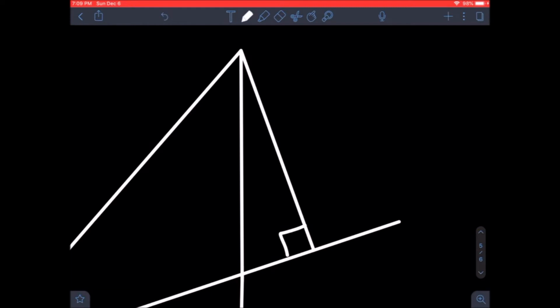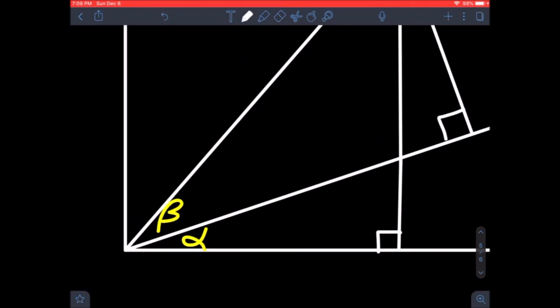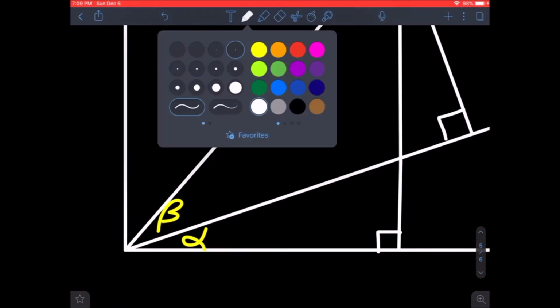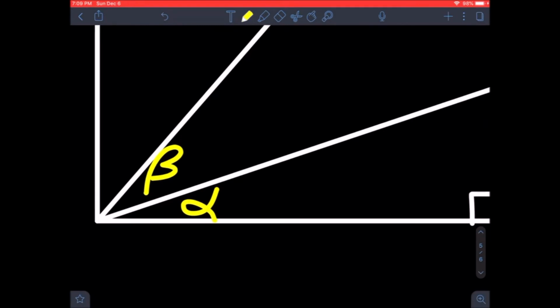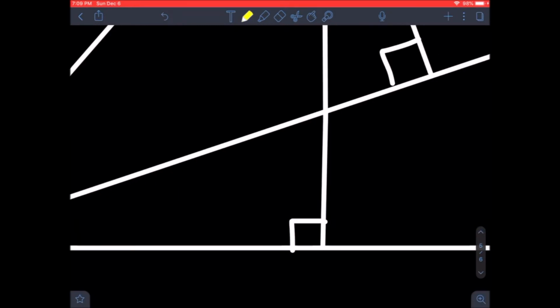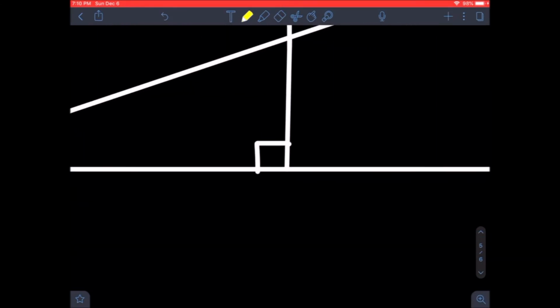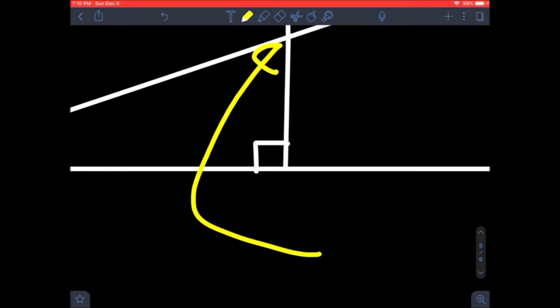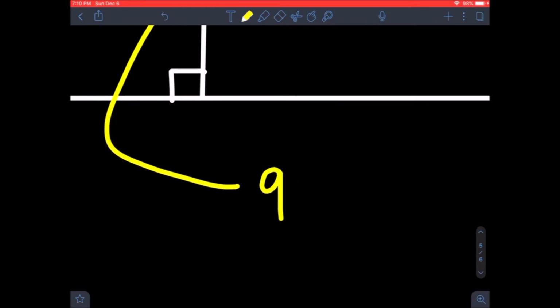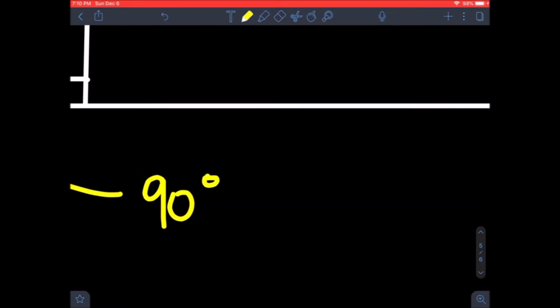But wait a minute. What angles does this right triangle use? Well, if you notice right here, we have angle alpha. If this angle is alpha, then what angle is this? Since it's a right triangle, this angle right here is just 90 degrees minus alpha.